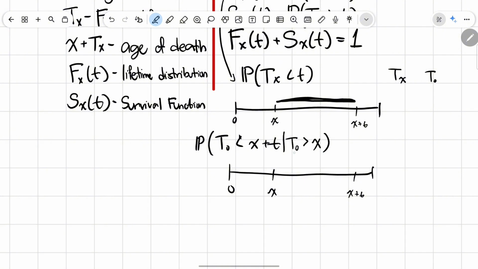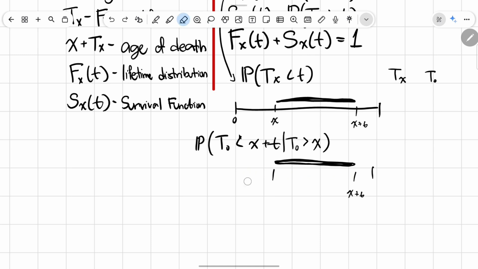So we know that T0 is already greater than x, but remember that it must be less than x plus t. So when we write it in the timetable, the person's age of death must lie here. Okay? So now we see that these two are already equal. So let's now focus on this equation.